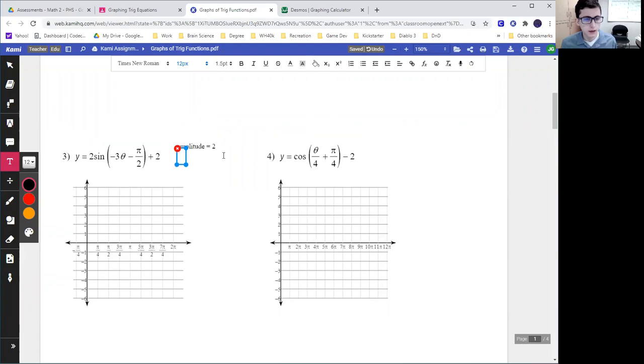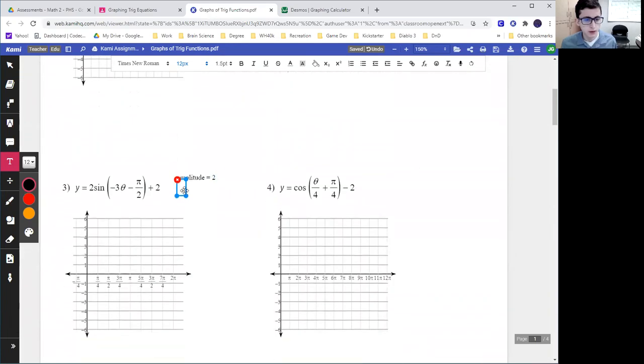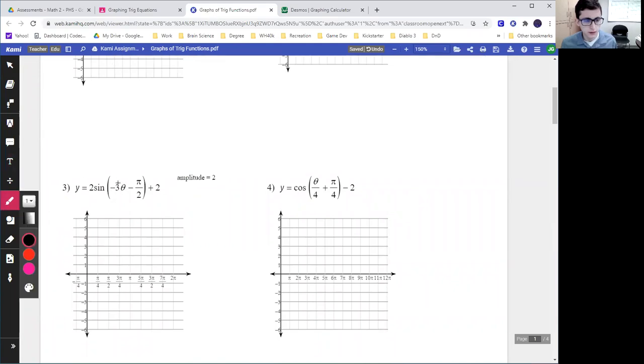Okay, then after amplitude, we go look at the period. So the period, here we see that we've got this value is being cycled through 3 times as fast, and it's negative, which means you're going backwards.